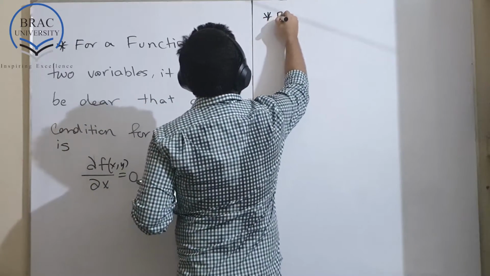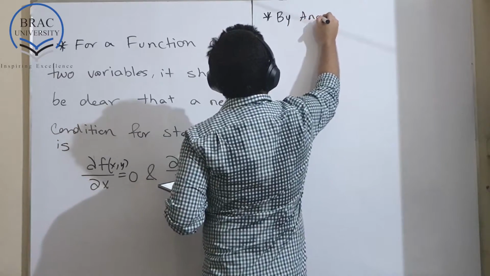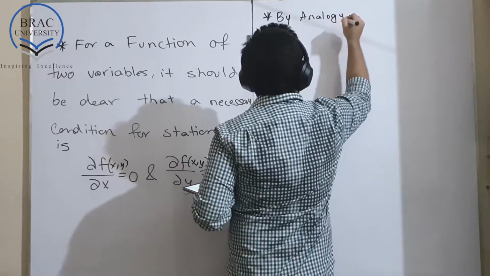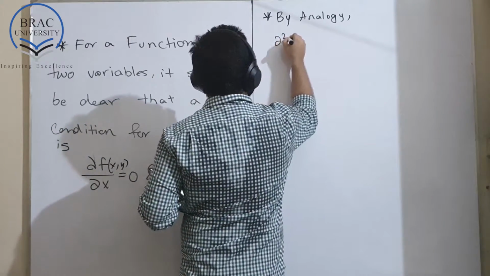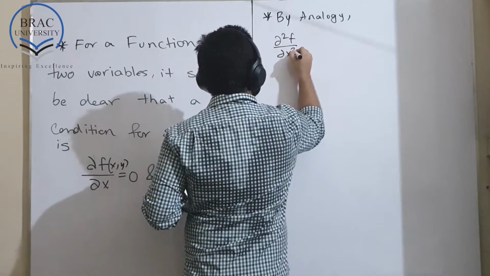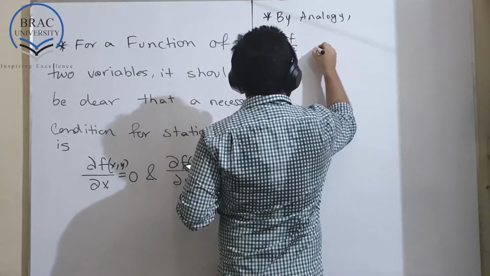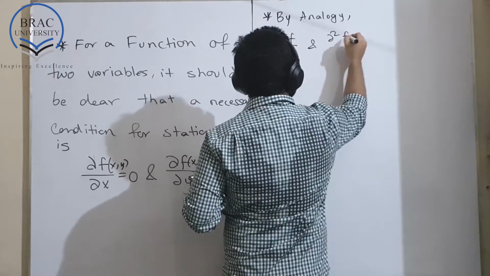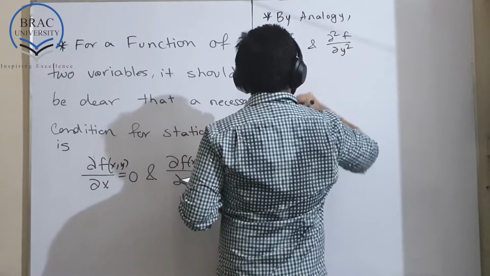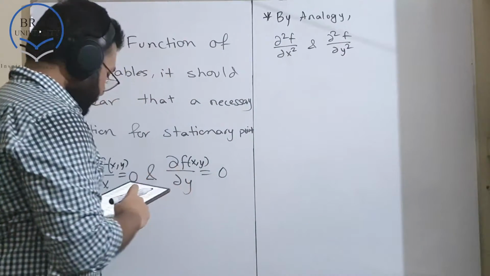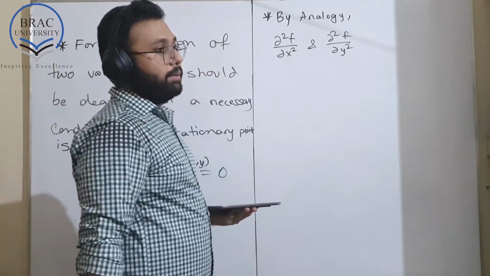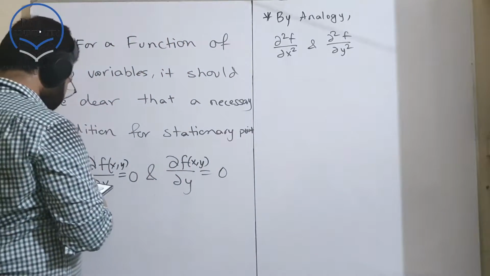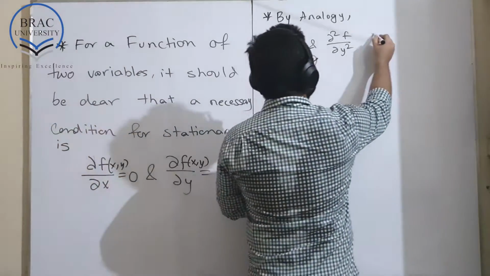By analogy with the single variable case, the second derivatives with respect to x and y should be positive if we want a minima, and if we want a maxima, it should be negative.